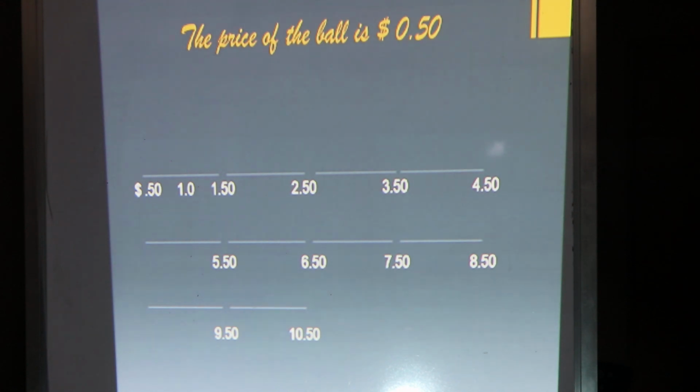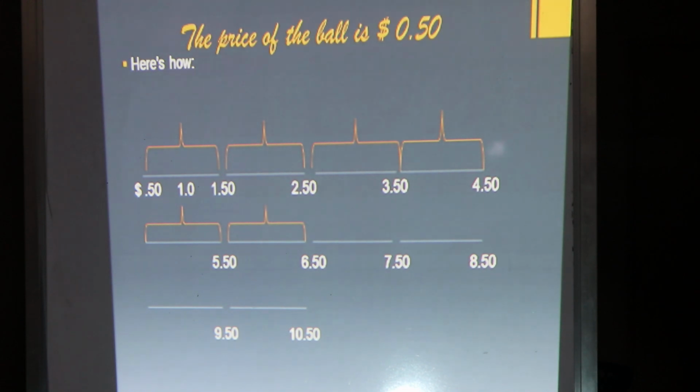So 50 cents plus $1 would give you $1.50. If it's $2 more, then it's $2.50. If it's $3 more, it's $3.50. $4 more, it's $4.50. $5 more, it's $5.50. $6 more, it's $6.50. $7 more, $7.50. $8 more, $8.50. $9 more, $9.50. And $10 more, it's $10.50.